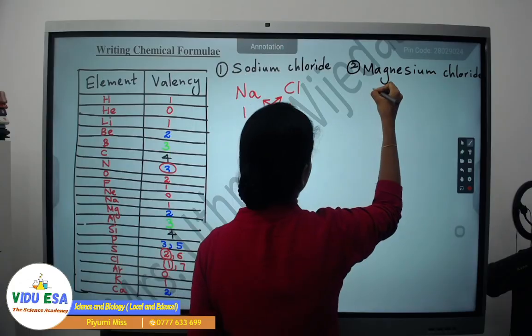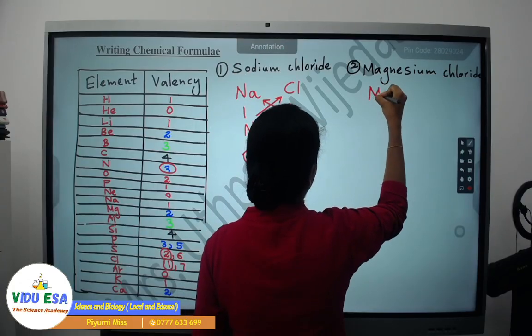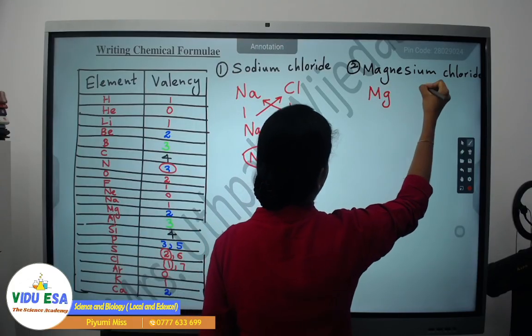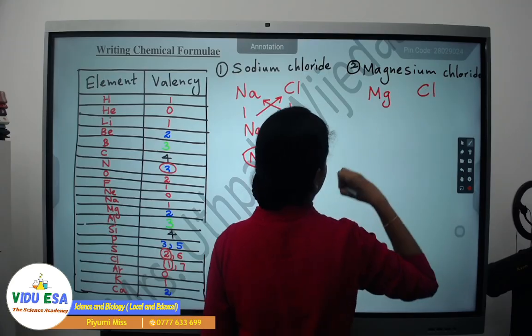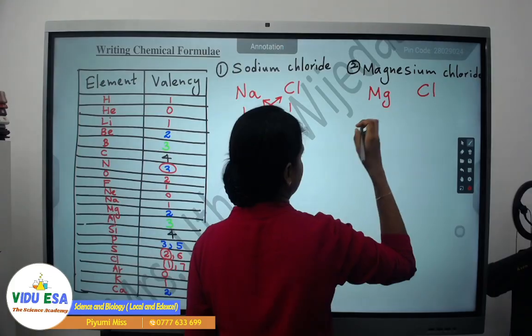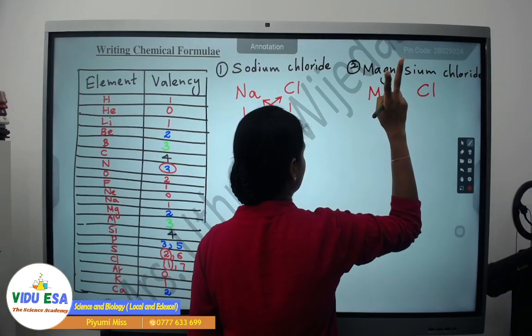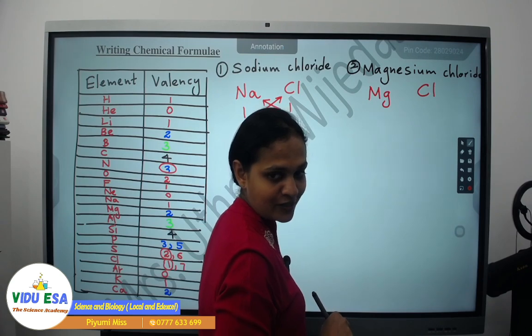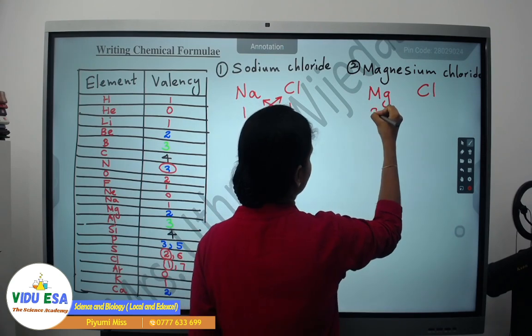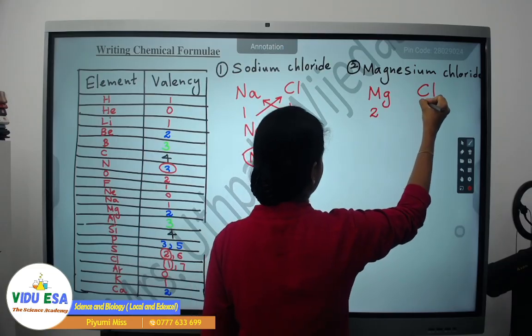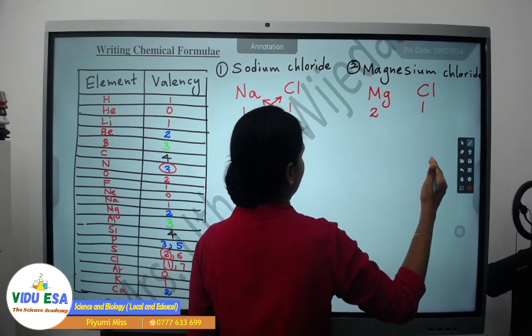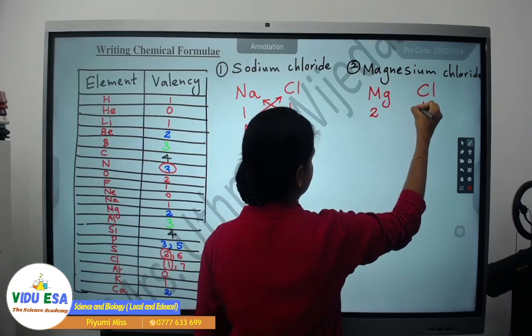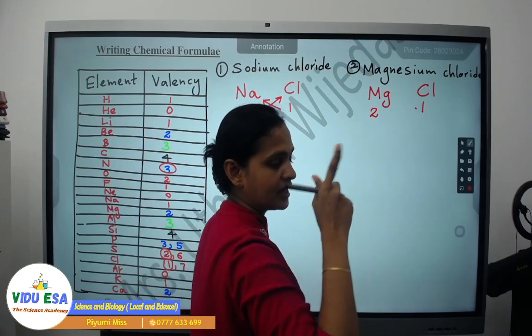Magnesium chloride. The component elements are magnesium and chlorine. The valencies: magnesium belongs to group 2. It has 2 electrons in the outermost energy level. Therefore, its valency is 2. Chlorine has valency 1. Therefore, you can exchange the valencies. The one mentioned first in the name is written first.